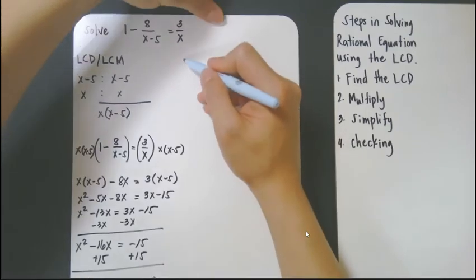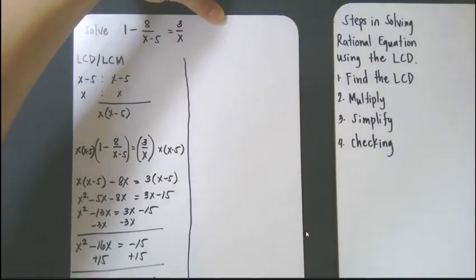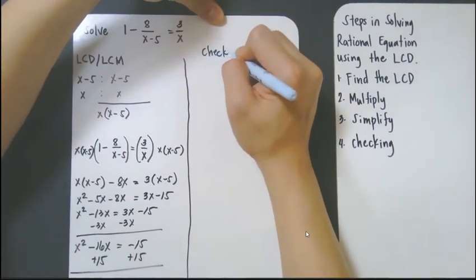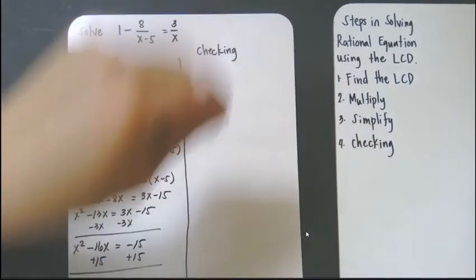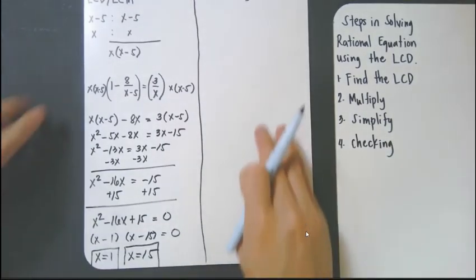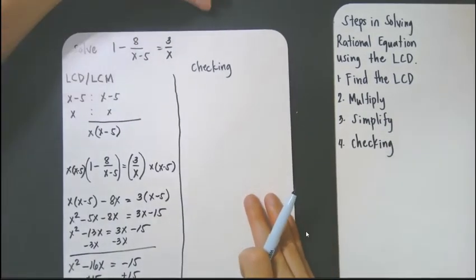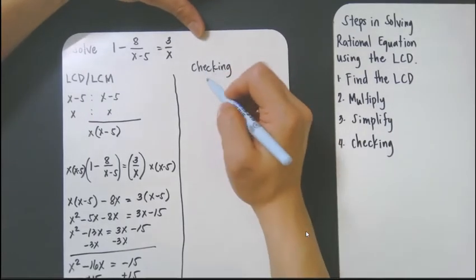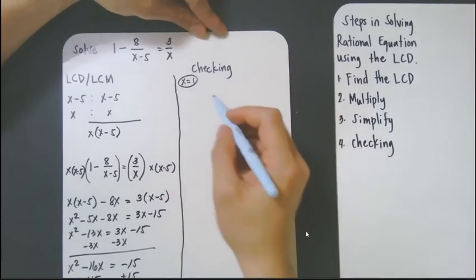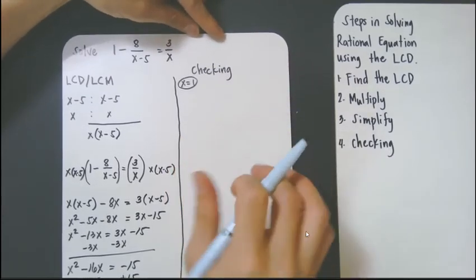Let me just draw a line over here. So to do the checking, we just need to plug in our two values, which are positive 1 and positive 15. So we just plug that into our equation. Let me use first positive 1, x is equal to 1. Let's see if we're going to get the same values on both sides.